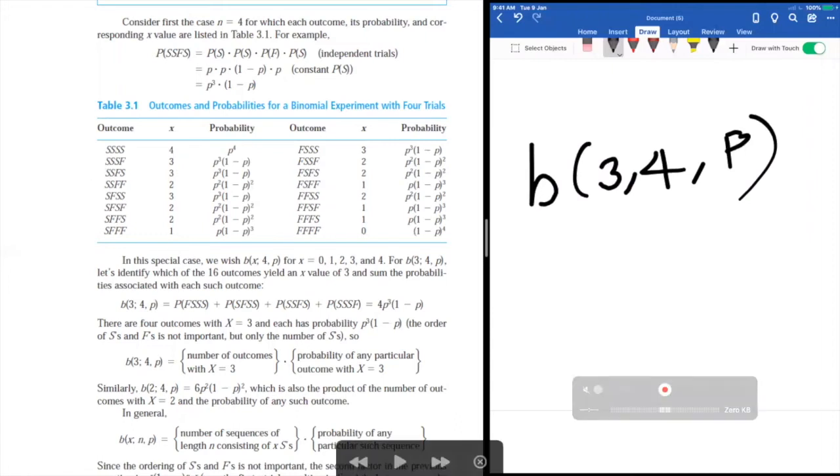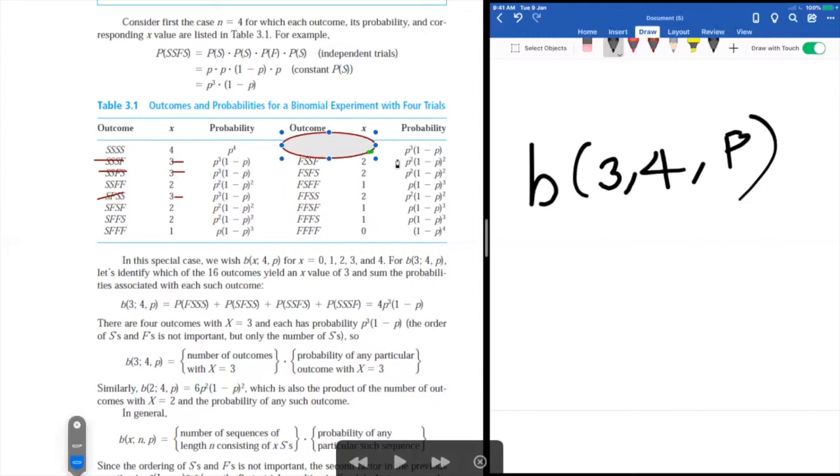So these are the outcomes with 3 successes: SSSF, another one with 3 successes, SSFS, the first one, second one, and third one. These are 3 successes. Another one, yes, this one, 3 successes. Then there are no more. So there are 4 outcomes with 3 successes.